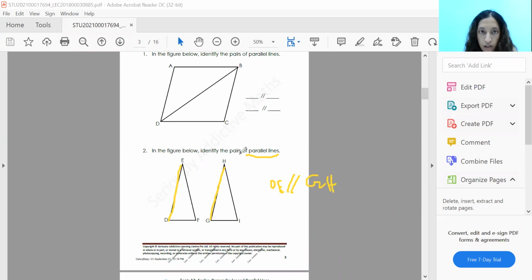All right, and one more. They say pair, so more than one. Another one would be, as you can see, let me use a different coloring. EF and also HI. So EF is parallel to HI. Okay, so this is how you present your answers. Okay, great. Let's move on.